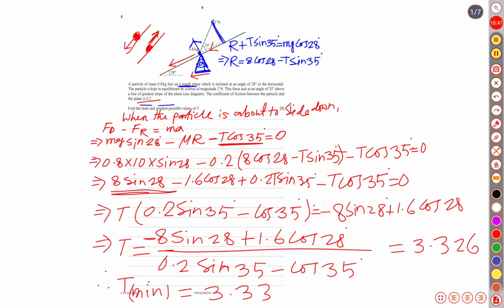That's why in this case, as T is one of the resistance forces, T is minimum. Simply remember, in the least case of tension, the particle is about to slide down.